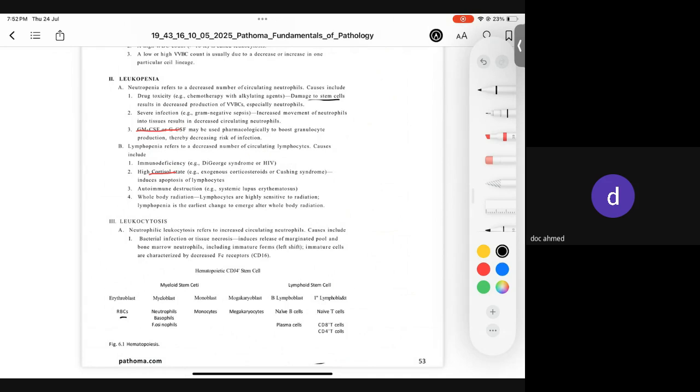If we have cancer of the blasts in the myeloid lineage, it's called AML. If we have cancer of the blasts in the lymphoid lineage, it's called ALL. ALL is most commonly seen in children. Very important.